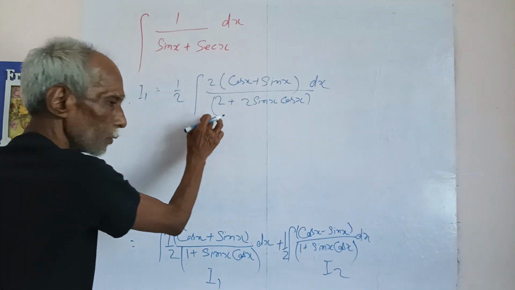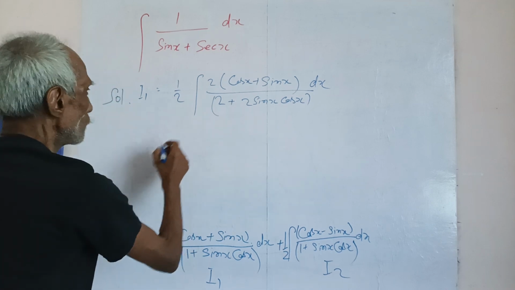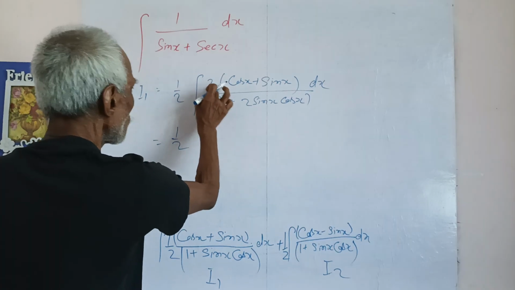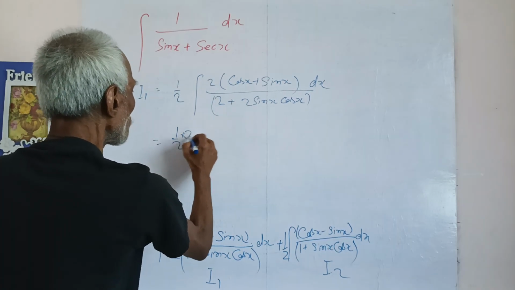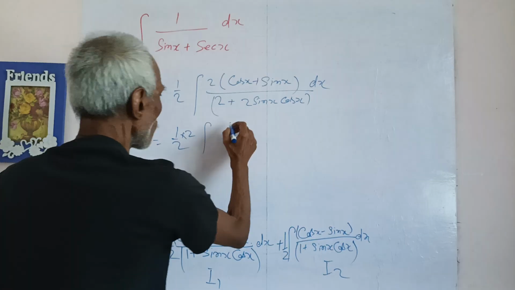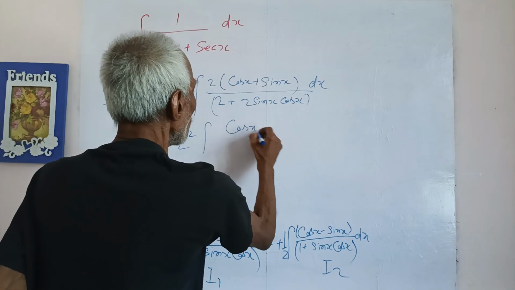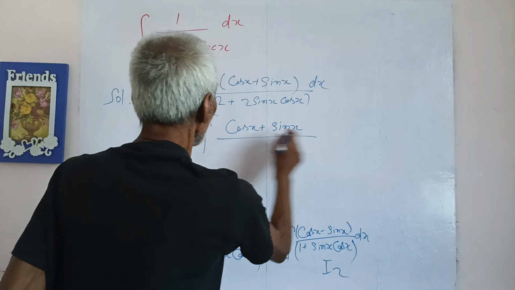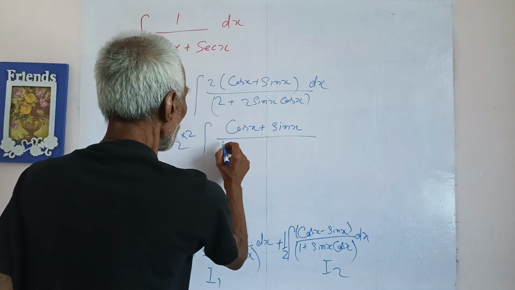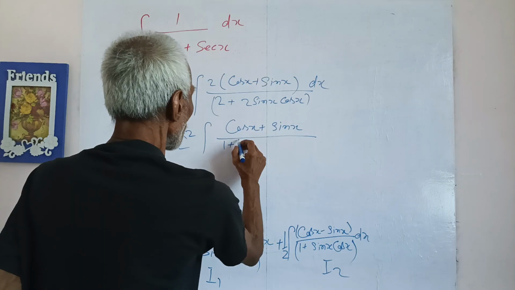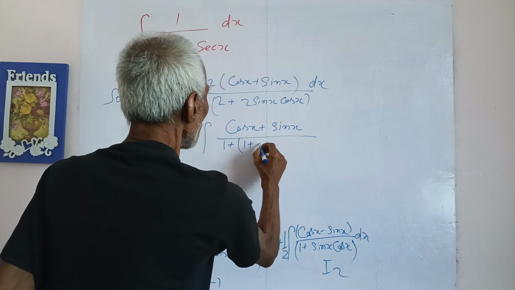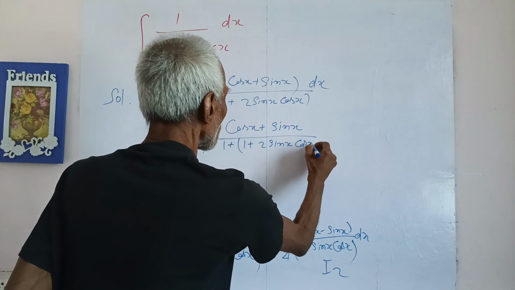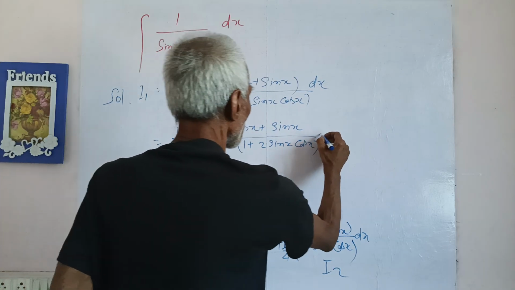Multiply numerator and denominator by 2. Then write 1 by 2 and take this 2 this side into 2 and write here cos x plus sin x by, for this 2 write as 1 plus 2 sin x into cos x dx.